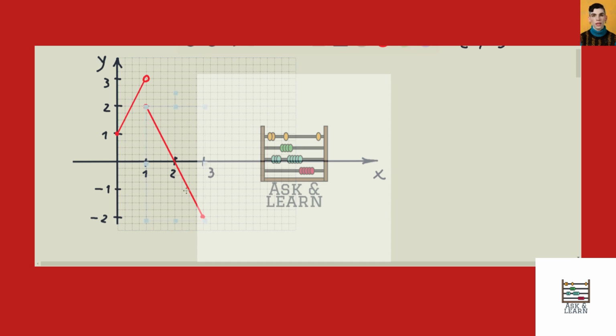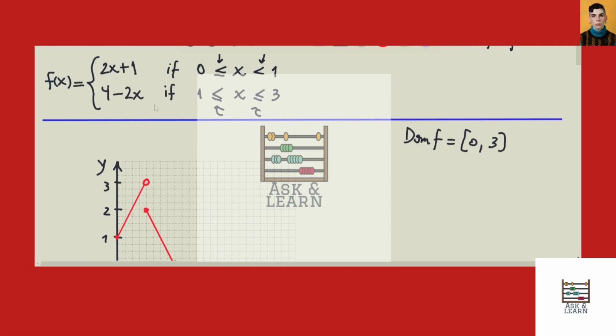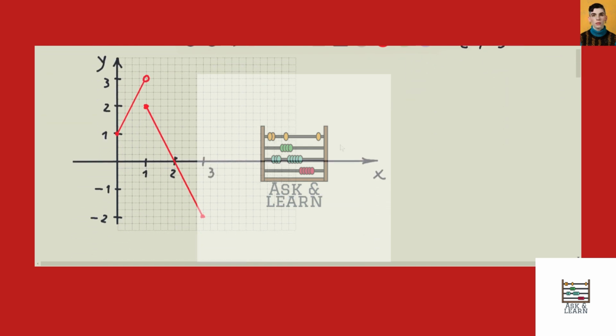It's a little bit longer than we need, and that's it. So this is the line, and we see it crosses exactly at x equals 2, because the image of 2 following the second piece is 4 minus 4, which is equal to 0.